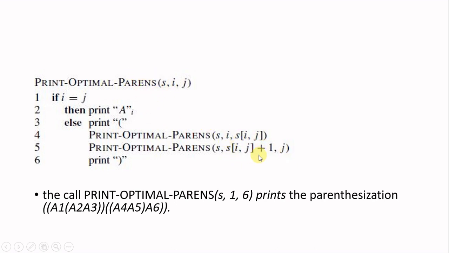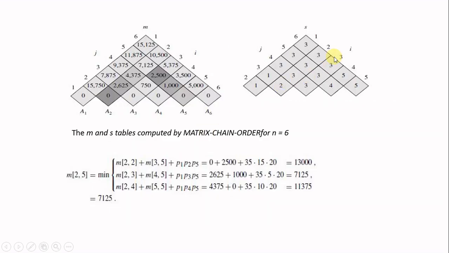So, for our example the initial call will be print-optimal-parens(s, 1, 6). Here i is 1, j is 6, i is not equal to j, so it will print a left parenthesis. Then print-optimal-parens(s, i, s[i, j]). Again i is 1, and s[1, 6] is 3.